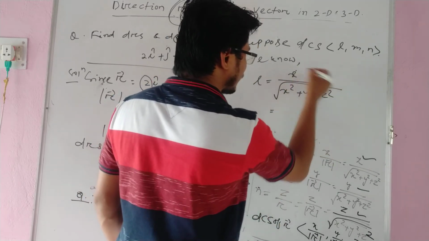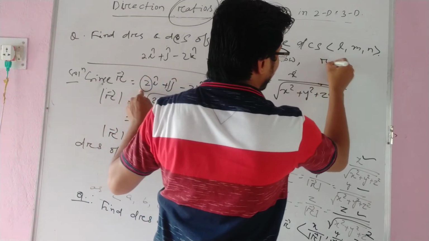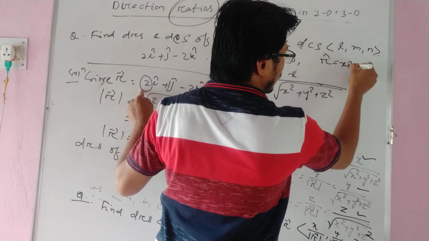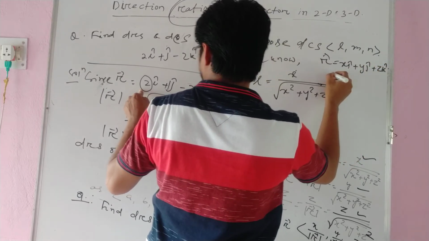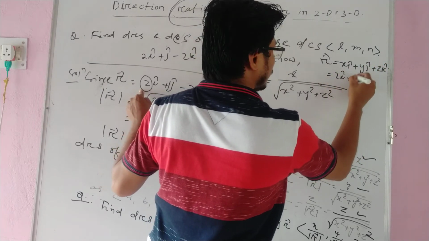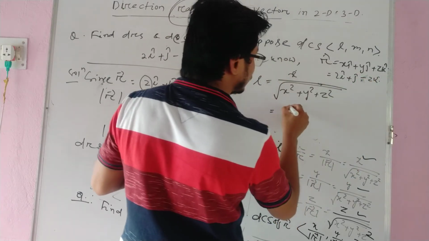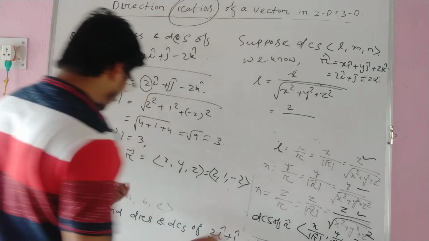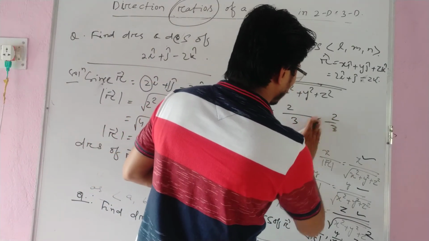What is x? x is from this r vector, xi plus yj plus zk, so x is 2, y is 1, z is minus 2. So l is 2 upon the magnitude of r, already 3. So 2 by 3.